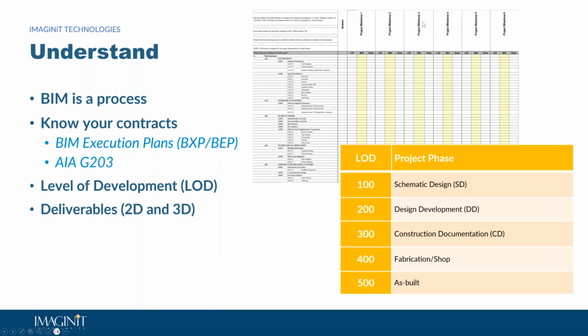And then if we look at the top here, there are different columns, so project milestones. Depending on the project, you're going to have different milestones for delivery with different dates. So the first milestone would typically be when you're going to deliver that SD set of documents.